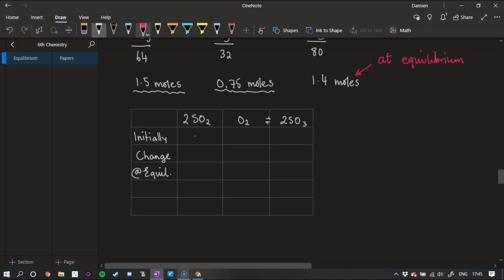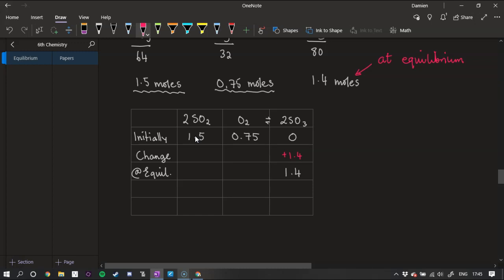Let's start off. Initially we had 1.5 of the sulfur dioxide, we had 0.75 of the oxygen, and initially we had 0 of this. At equilibrium we had 1.4 moles of this, which means there is an overall gain of plus 1.4.